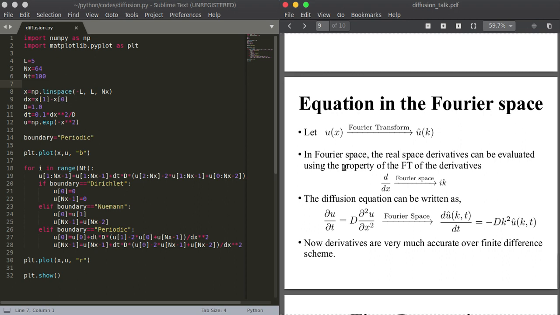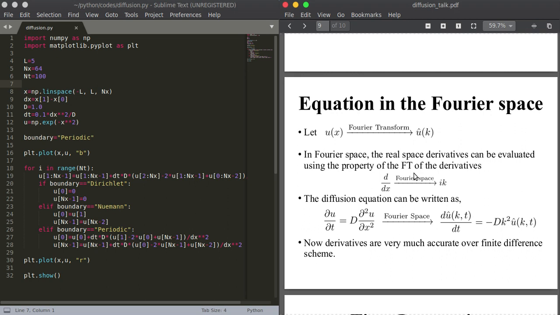Okay, and in Fourier space the real space derivatives can be evaluated using the property of the Fourier transform of the derivative of the function. So if I know that the Fourier transform of u(x) is u hat k, and I want to compute the Fourier transform of du/dx, it is given by ik multiplied by u hat k.